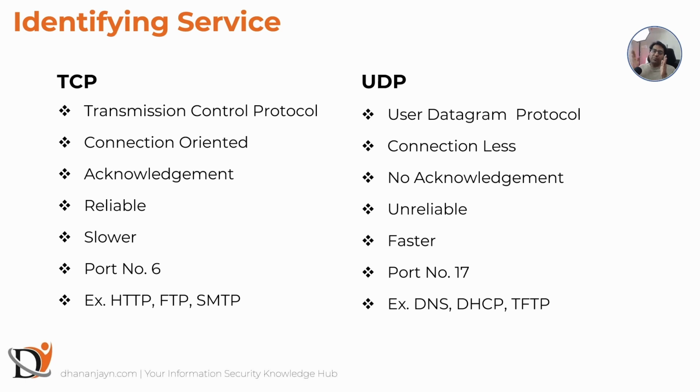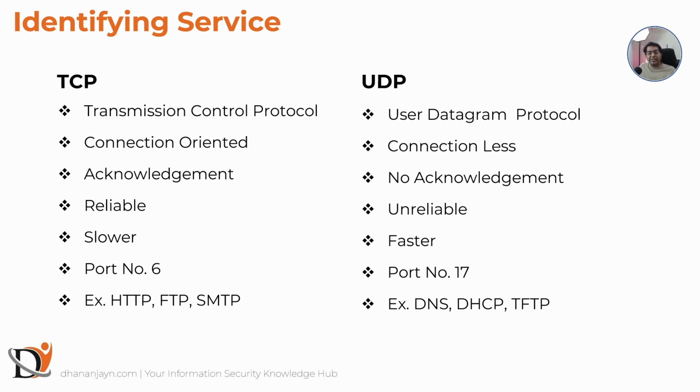Now I am responding back to you. Then if you want to send something else, you can send it once you receive my response. So this is where you are getting a response from either end of the communication. That's where we call it Transmission Control Protocol, and that's where we call it connection oriented.